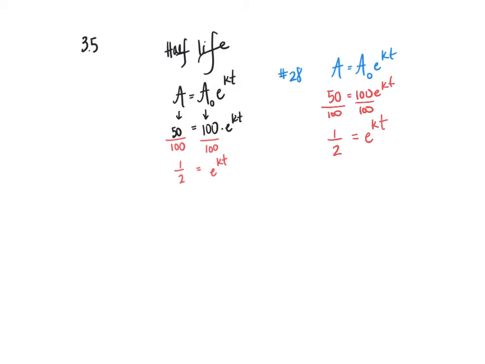Now what we do know is the t in this problem. So we know that t is 7,340. So now we can actually solve for our k, because if we don't have our k, we really can't solve for much more. So we have the natural log of 0.5 equals 7,340k.